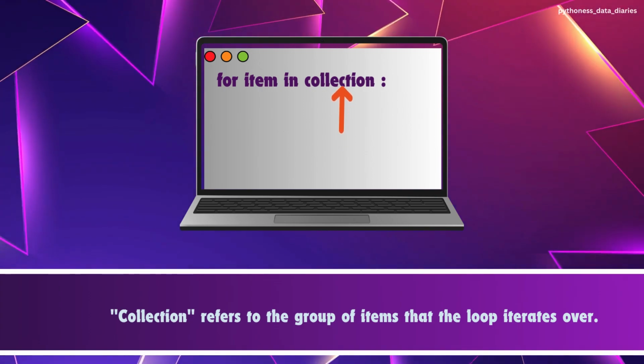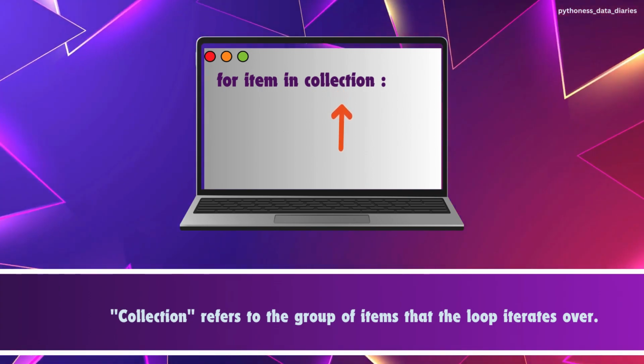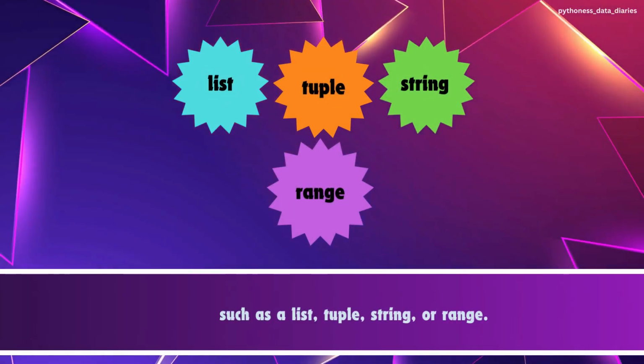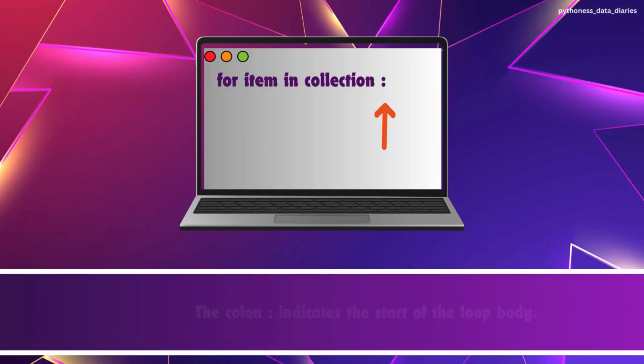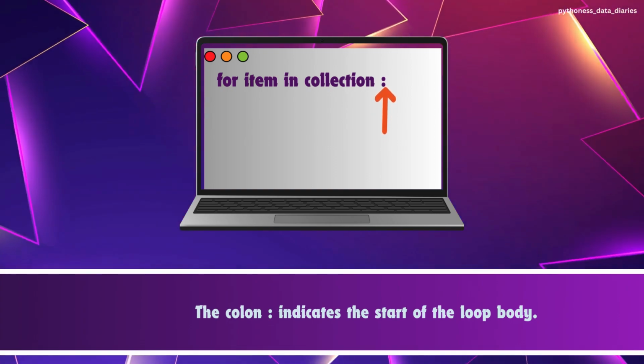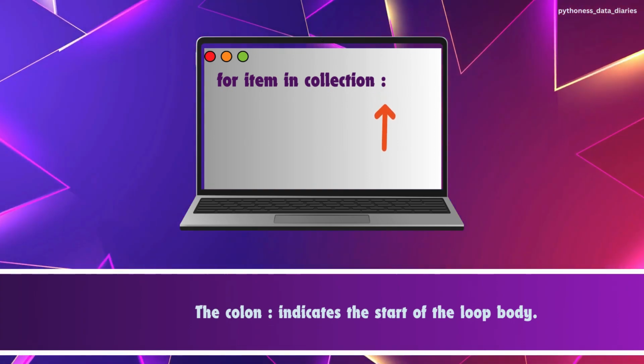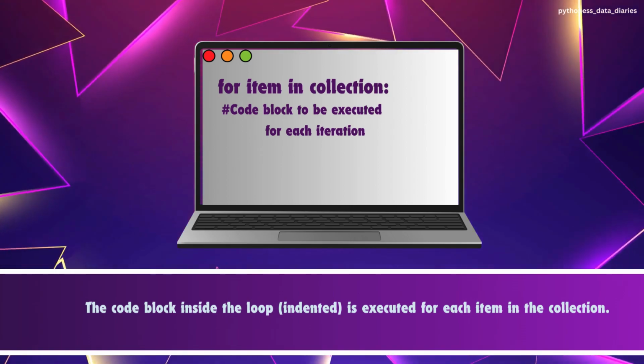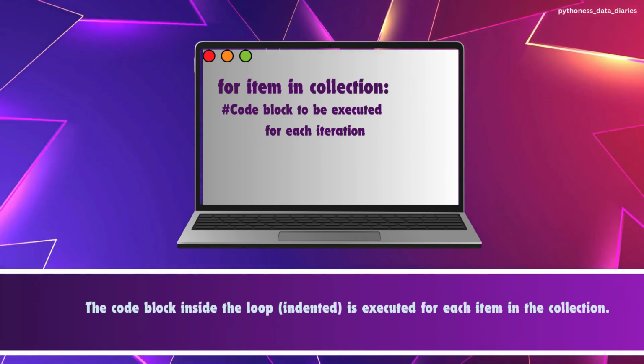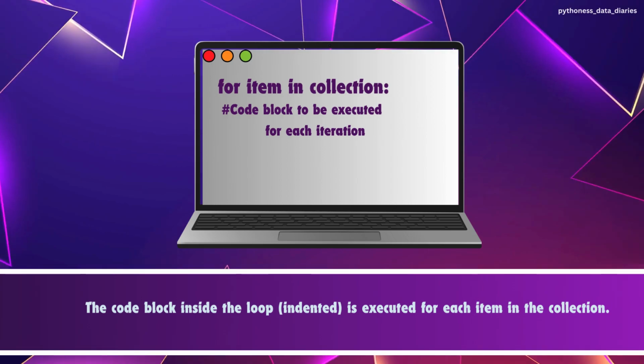Collection refers to the group of items that the loop iterates over, such as a list, tuple, string, or range. The colon indicates the start of the loop body. The code block inside the loop is executed for each item in the collection.